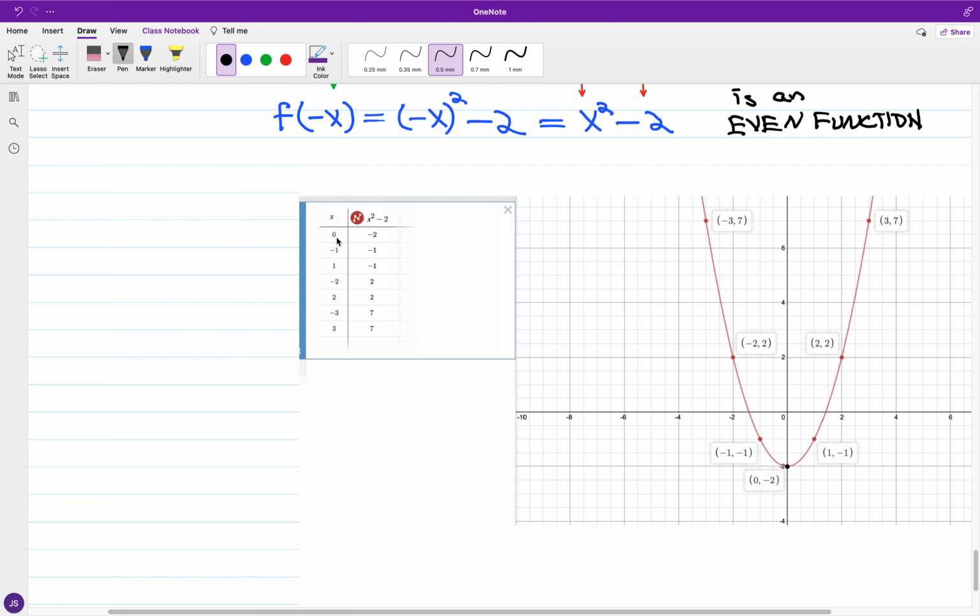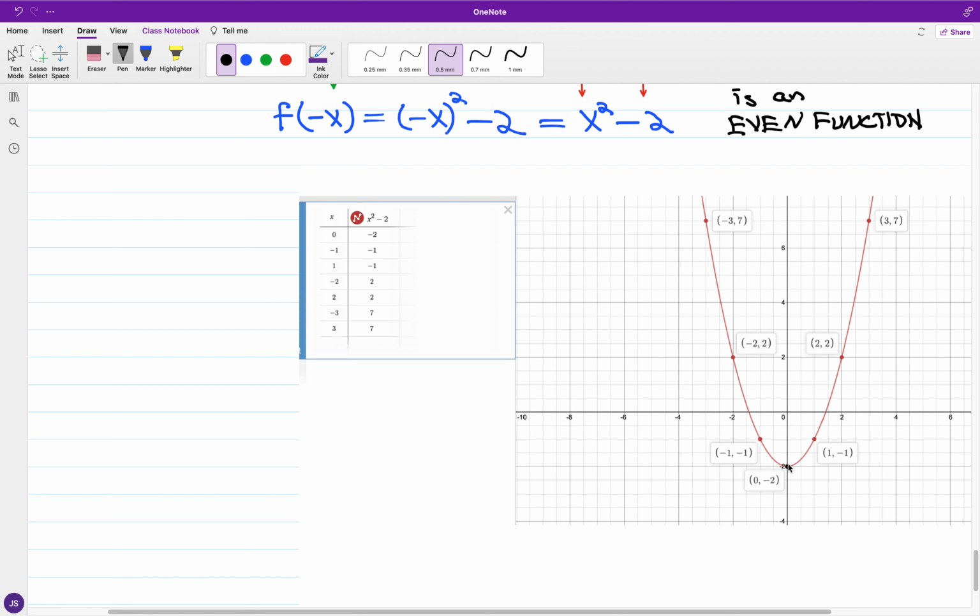So you have 0, and then additive inverses negative 1, 1, negative 2, 2, negative 3, 3, and notice the outputs: you have negative 2 at 0, but for the additive inverses, negative 1, 1, negative 2, 2, negative 3, 3, the outputs are identical. Minus 1 for both negative and positive 1. 2 is the output for both inputs, negative and positive 2. And for the input values of negative and positive 3, we have the output at 7.